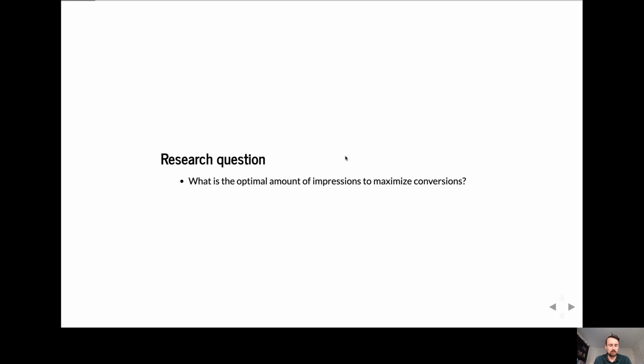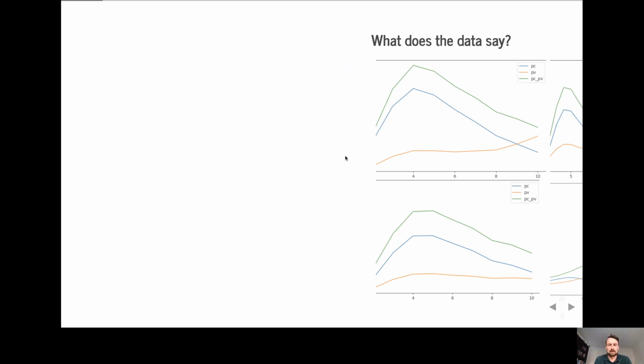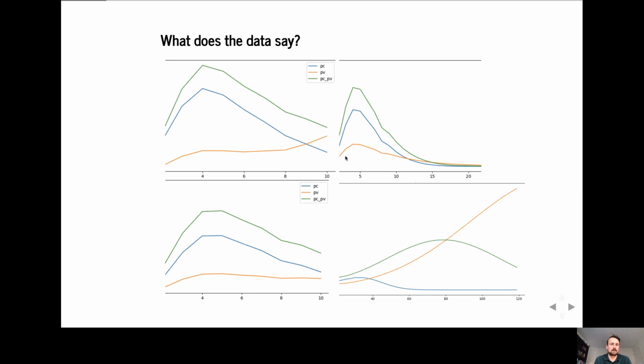So what do we do normally if we get such a research question? We start looking into our historical data. And here I'm showing you a couple of plots of what the historical data looks like. What we're looking at is the probability of conversion of an individual user based on the amount of ads this user received, so the amount of impressions. And at first sight, these plots look amazing because they show very clear optima.